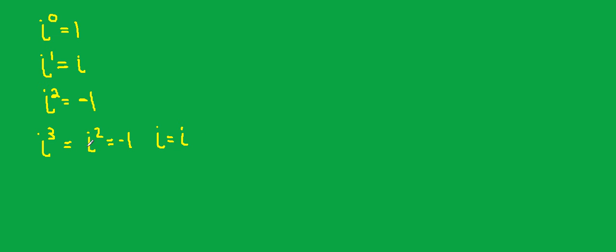So that means i squared times i, which is i to the third, is negative 1 times i, which is negative i. So let me just jot that down here, and simply note that i cubed equals negative i.